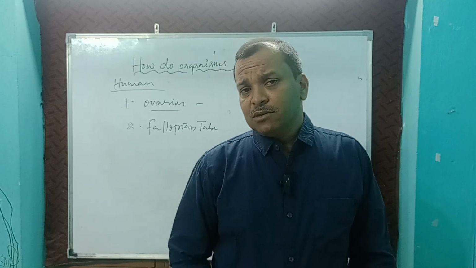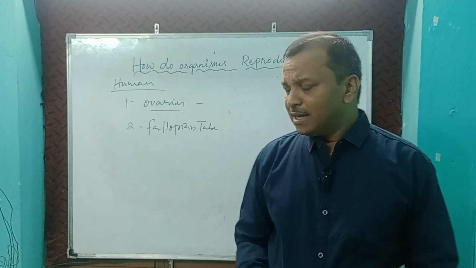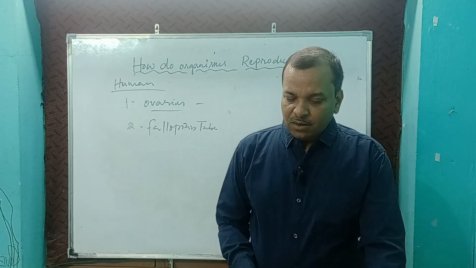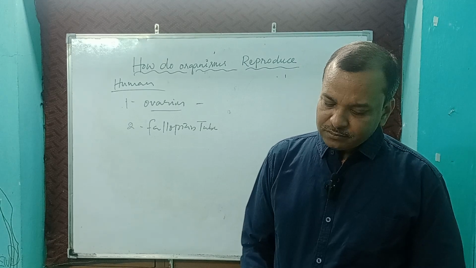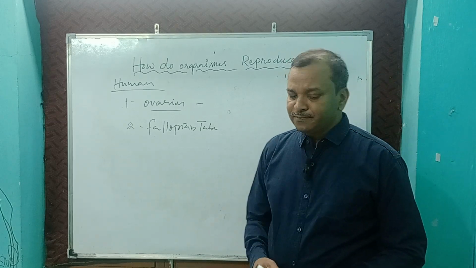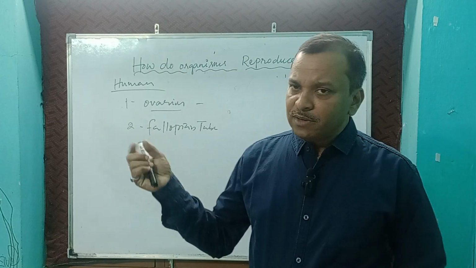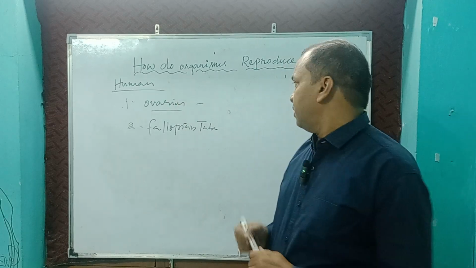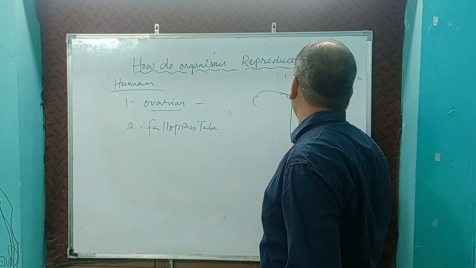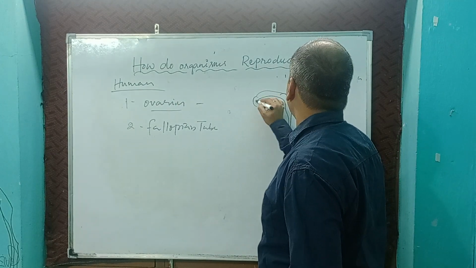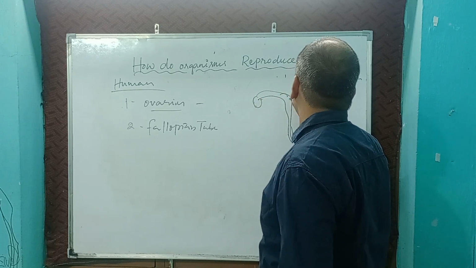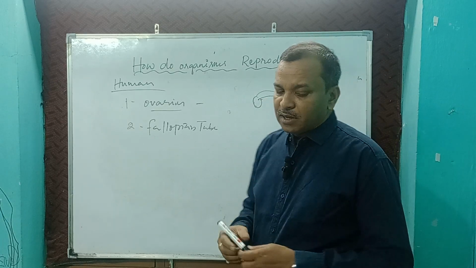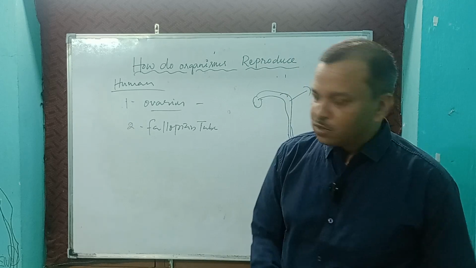One pair is there, two tubes, connected from ovary to the uterus. Like this. This is fallopian tube. Is it clear? Next one is uterus.